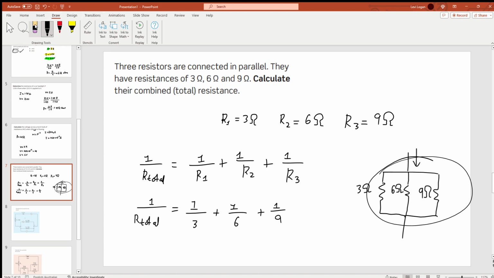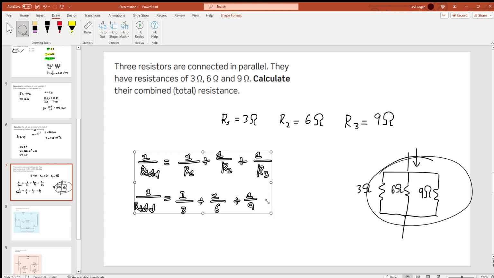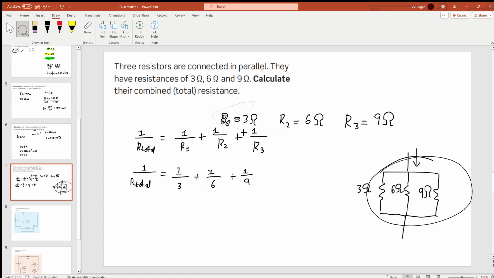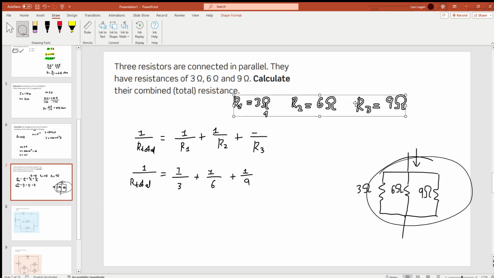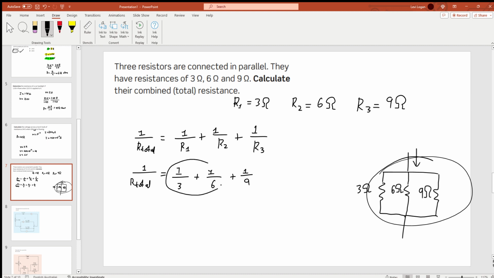Let's make this a bit smaller so I have enough room to write. We've got to add these together. You can only add fractions if they have common denominators. Luckily they're all multiples of 3, so it's not too tricky. To add these two, I need to make the numbers the same.